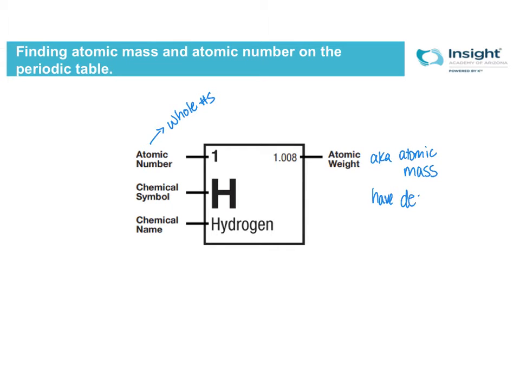That way you can always tell them apart from each other when you are using different periodic tables. Another thing, even though these have decimals on them, when we use the atomic mass, go ahead and round to the nearest whole number. Okay? That'll just make your calculations easier.